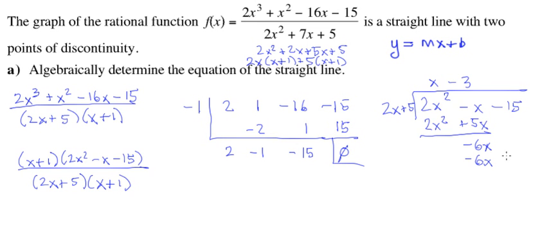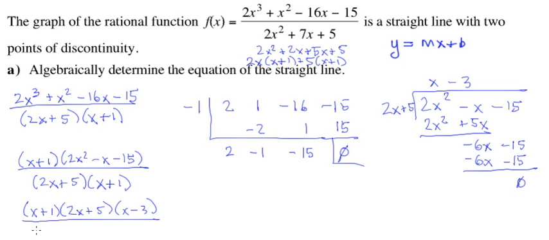Minus 3 times 5 is minus 15. I'm sorry, I should have brought this minus 15 down. That's what typically happens. Those cancel and we get 0 left over, so when we take a 2x plus 5 out of here, I'll write this one last time. With the 2x plus 5 taken out, what's left at the end is x minus 3.